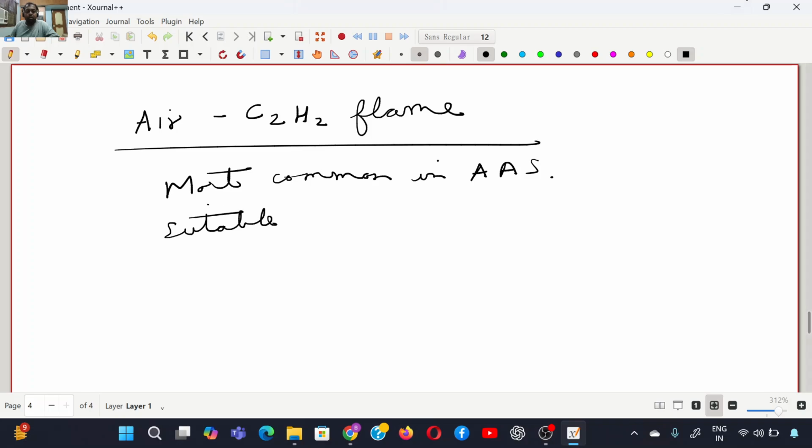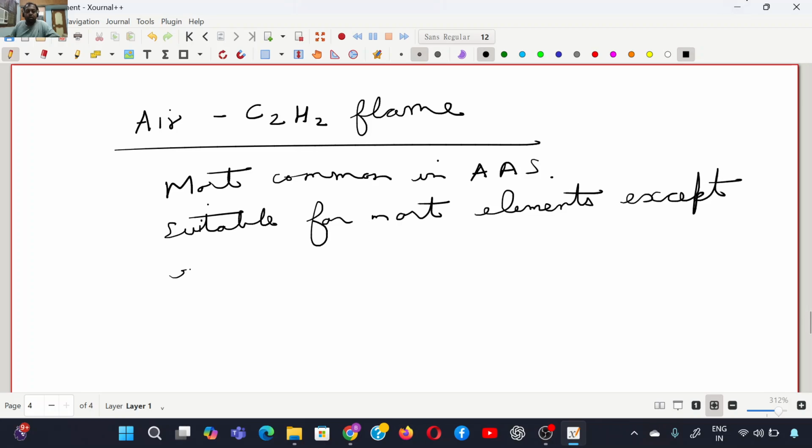It's suitable for most elements except refractory ones. It also has got some limitations.